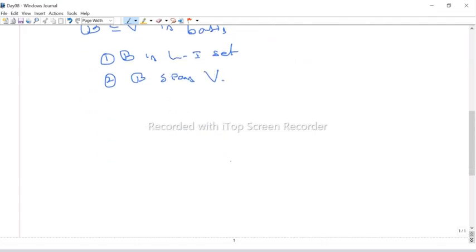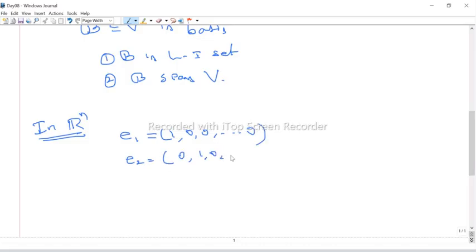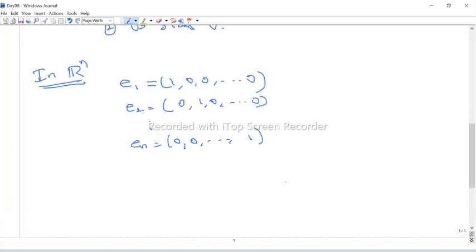Now if you take Rn, the standard basis is usually E1, where the first position is 1 and the others are 0. E2 means the second position is 1 and the others are 0, and so on. En has all positions 0 except the last, that is 0, 0, 0, and then 1. Now we can easily prove that E1, E2, etc., En form a basis.